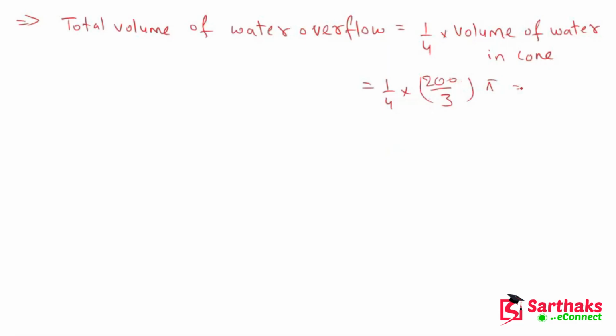So this will become 50/3 pi. This is the volume of water that flows out.